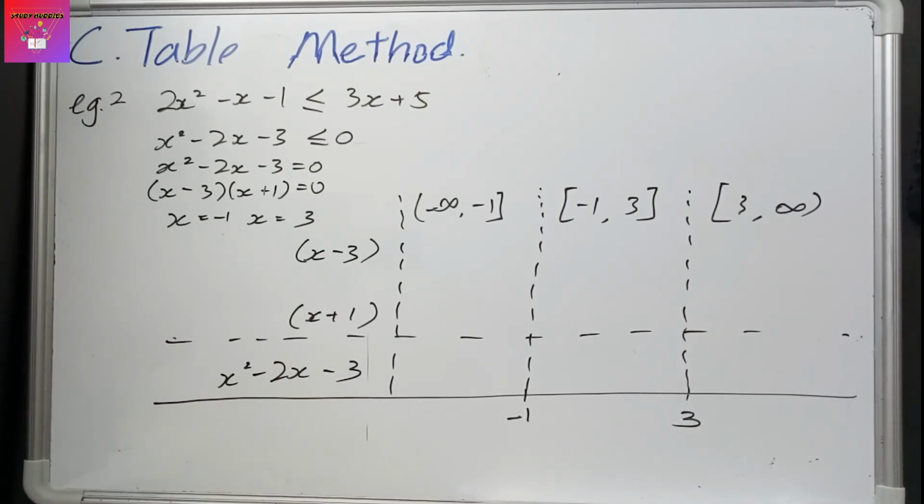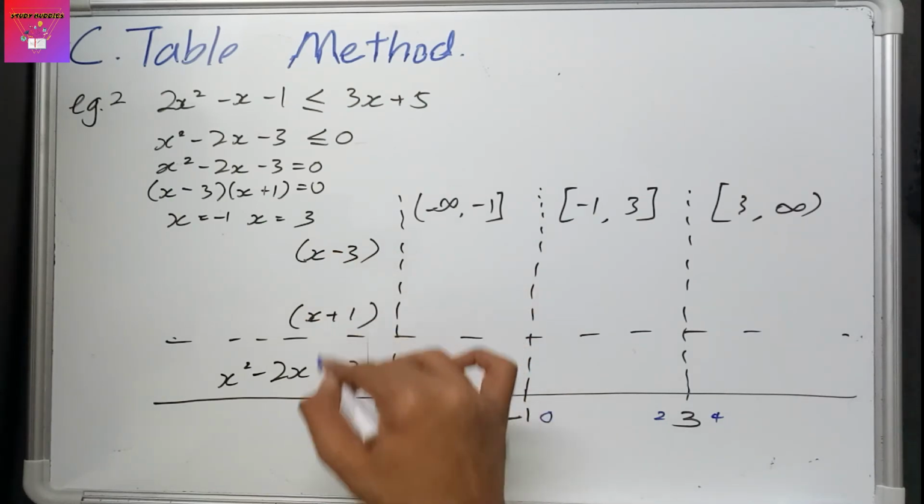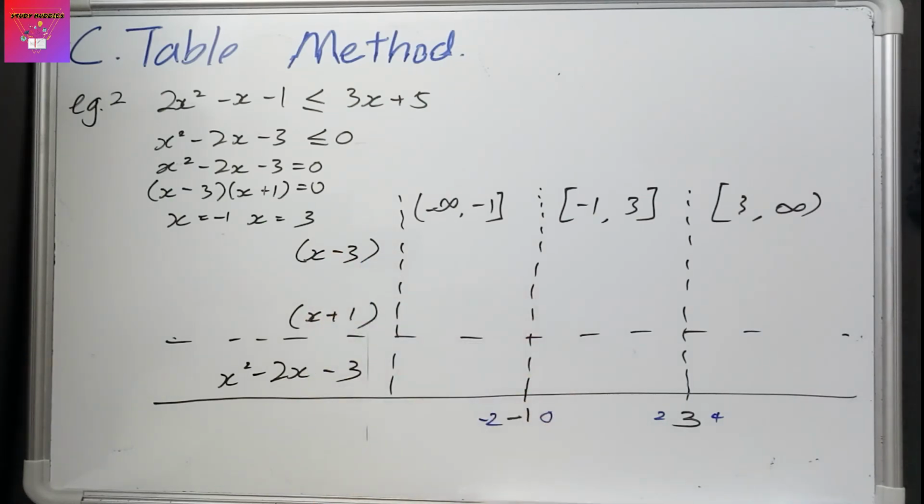Okay, so now what I have to do, again the same thing, I'm going to take values before negative 1, which is for this case negative 2, values after negative 1, 0, here it's going to be 2 and 4. Okay, so I'm going to substitute one by one into these both brackets.